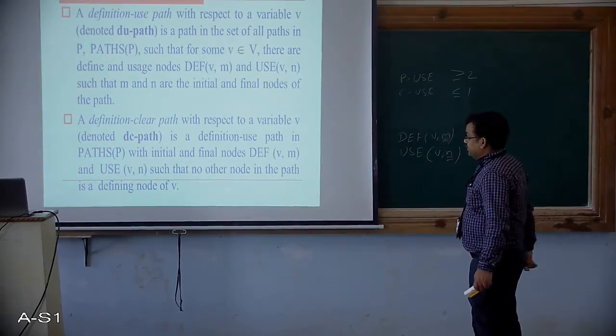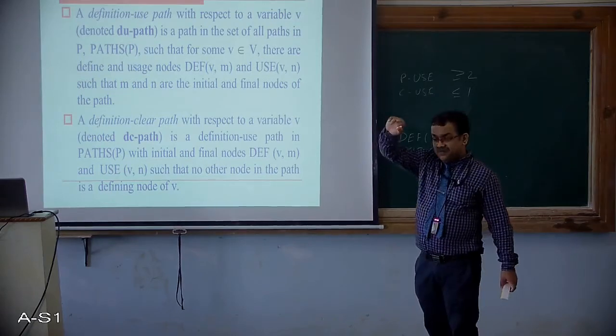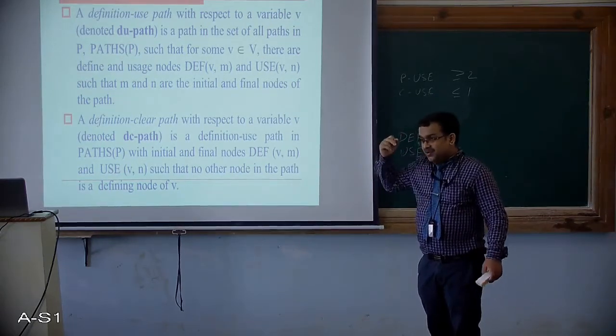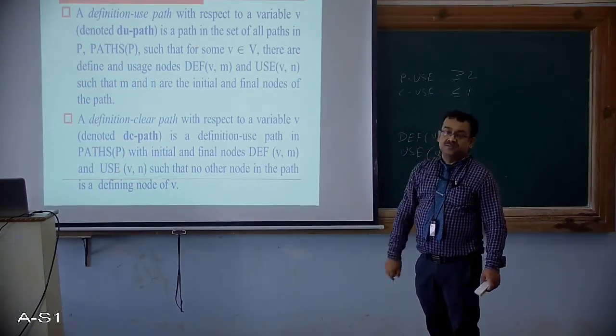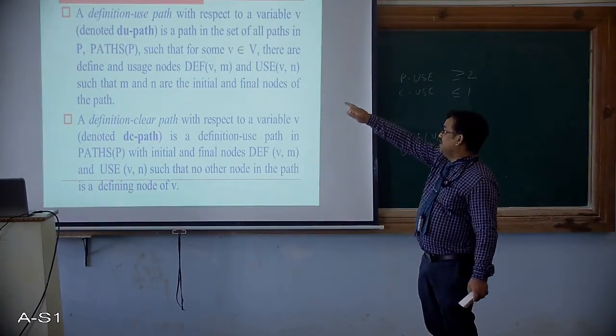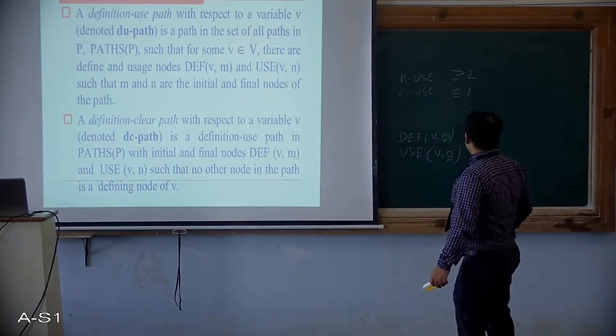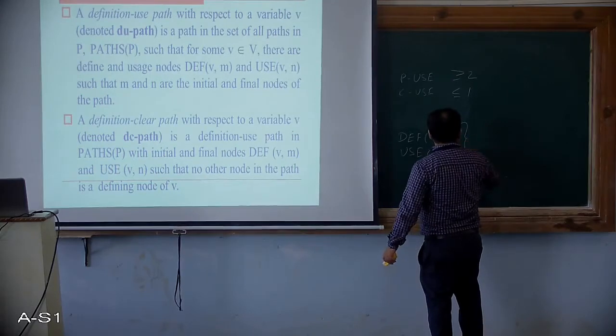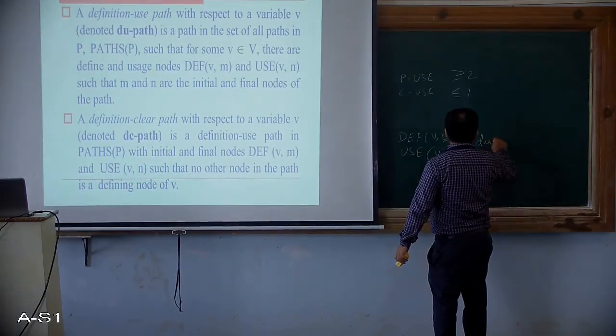So, such a path which starts at the node M, the defined node, and ends with the node N, the use node, is called the definition use path. Such structures are called DU paths.